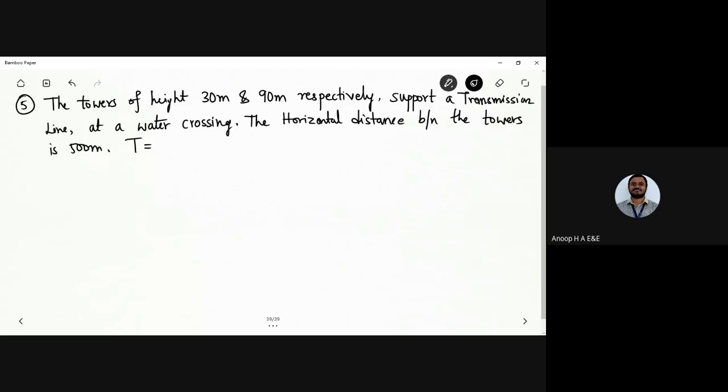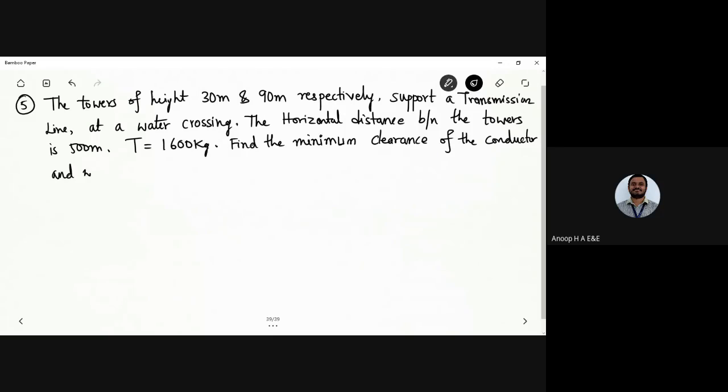Tension T is given as 1600 kg. Find the minimum clearance of the conductor and water.